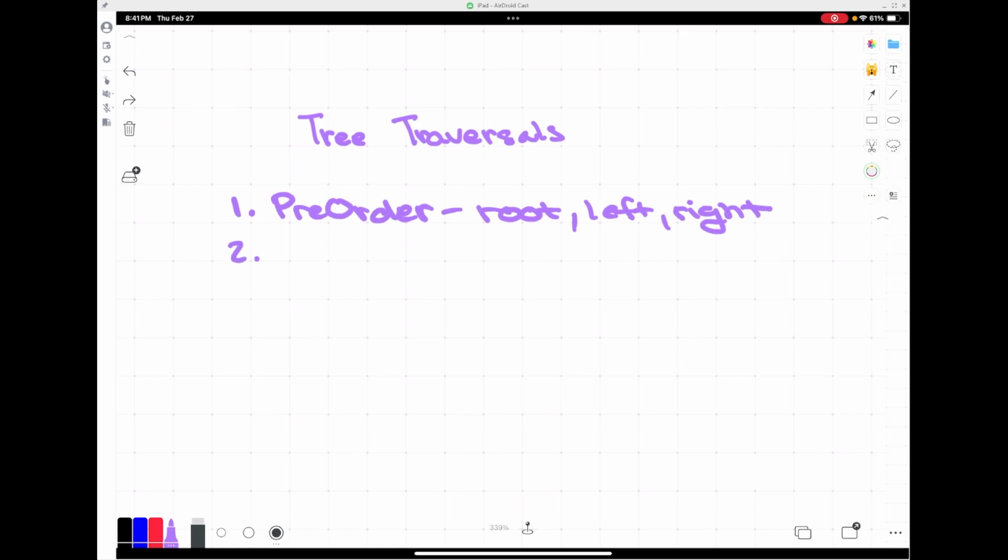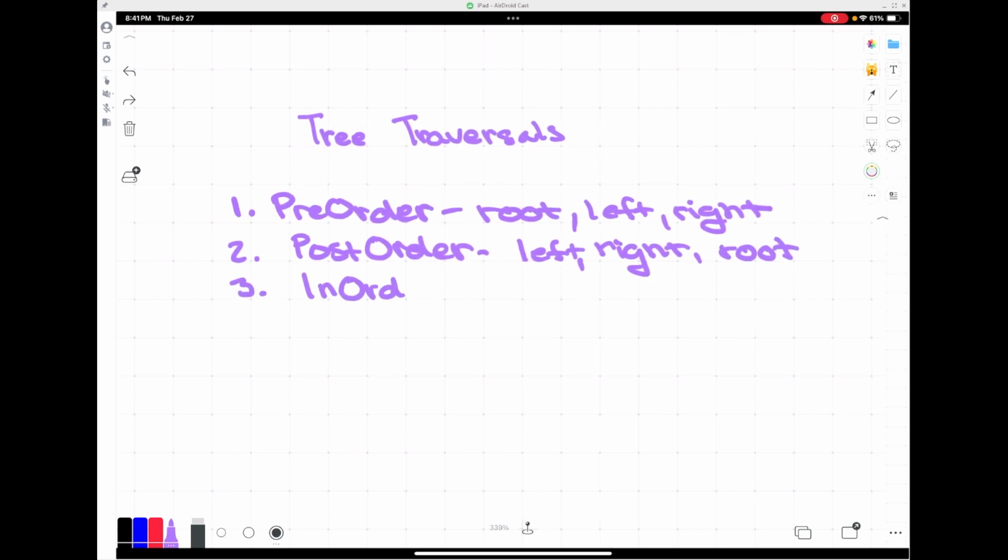We have post order, left, right, root, and then we have in order, which is left, root, right.